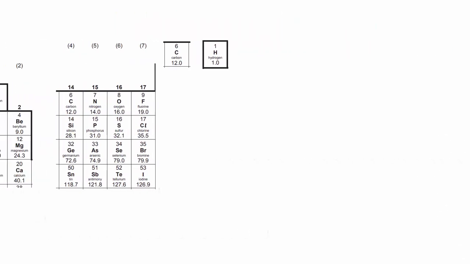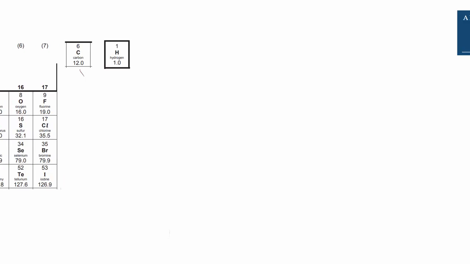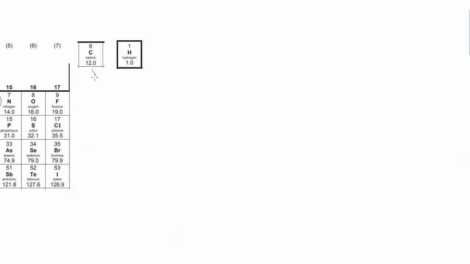So we've got hydrogen here, we've got carbon here, and just for the sake of convenience, I've got them here as well, right? So for carbon, we've got a relative atomic mass of 12, and for hydrogen, we've got a relative atomic mass of 1, right? And so what I'm effectively going to do is ask, what's the molar masses for these?